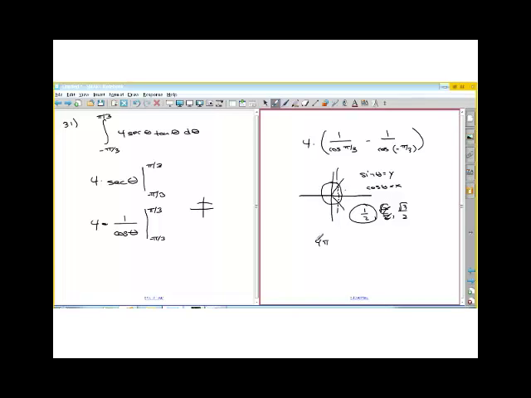So anytime you got like 3 pi over 4 or 5 pi over 4, you know, that's got a 4 in the denominator. If you had 7 pi over 4 or 3 pi over 4, all of those are going to be square root of 2 over 2. It's going to be that middle one because they have a 4 in the denominator. So those are easy. And of course you have to figure out whether they're positive or negative.